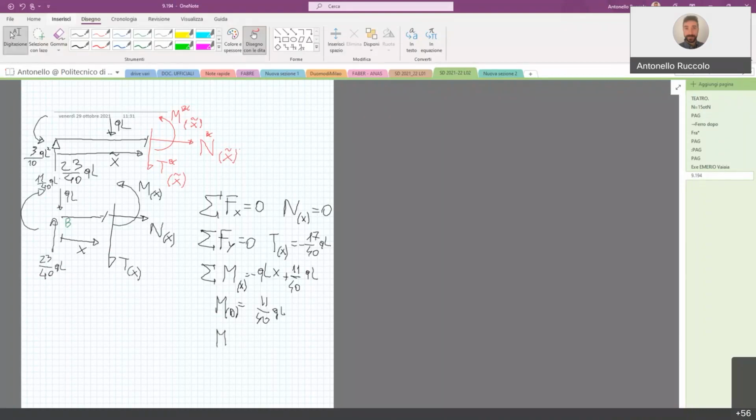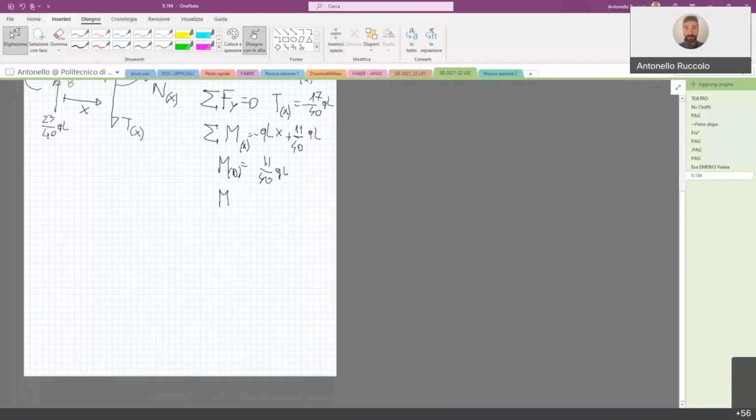Whereas M in x equal to L is equal to minus 6 over 40 QL, okay, to the power of 2. Now I was just checking if the dimensions were right, and I noticed that I forgot the power of 2 to the length. Okay?